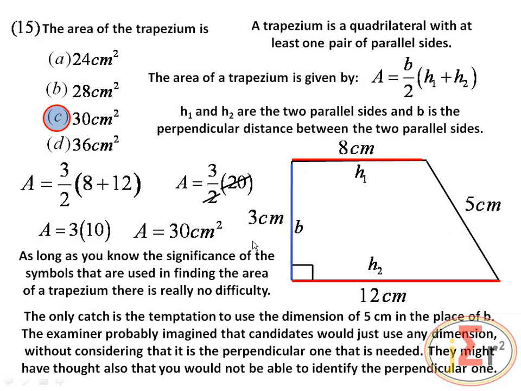But if you are considering the perpendicular distance, then this should help you to understand that this is perpendicular to this, and that is the significance of this. And of course, these two being parallel, then this one also has to be perpendicular to that one, and this of course is an indication of that fact.